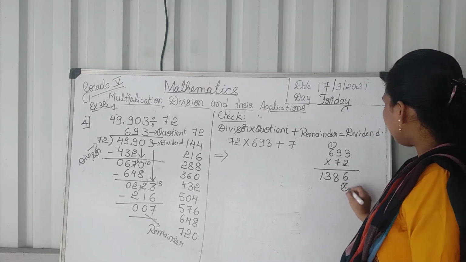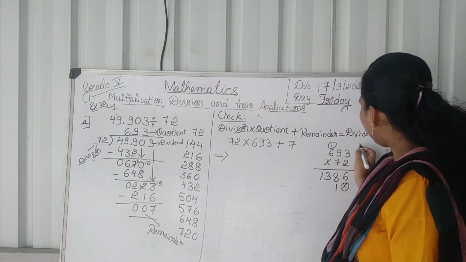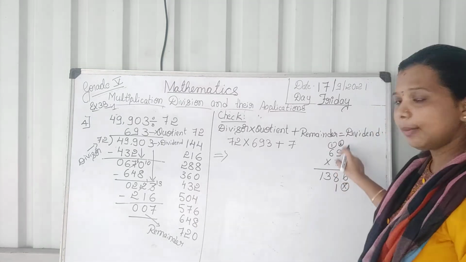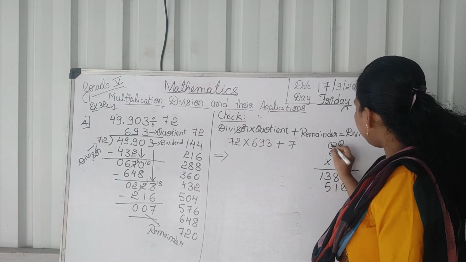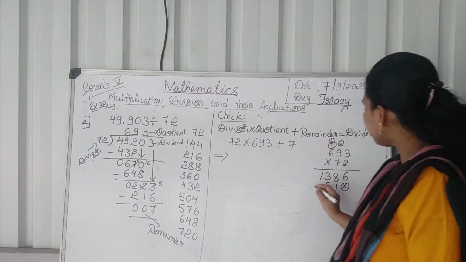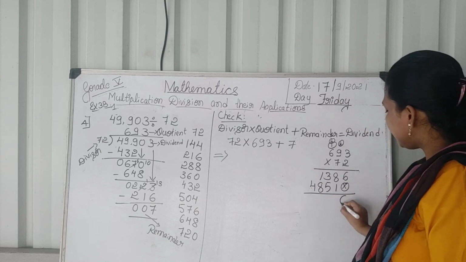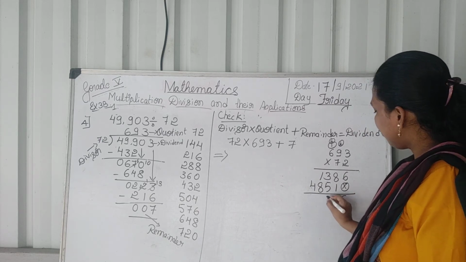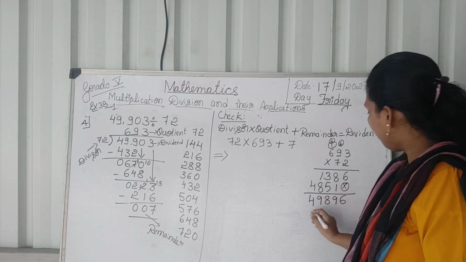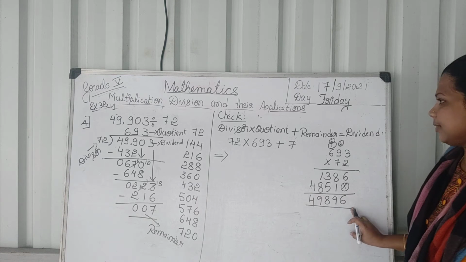Now leave the blank space here, it is for 2-digit multiplication. 7 3s are 21, carry 2, 7 9s are 63, plus 2, 65, again carry 6, 7 6s are 42, 42 plus 6, 48. 6 plus 0, 6, 8 plus 1, 9, 5 plus 3, 8, 8 plus 1, 9, now it is 4. 49,896.